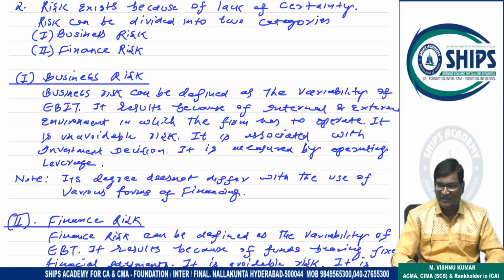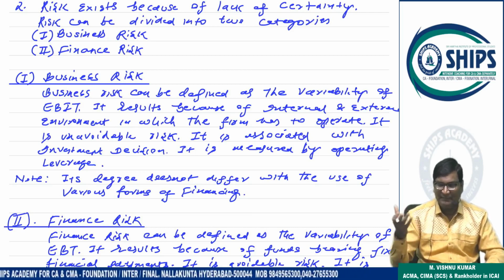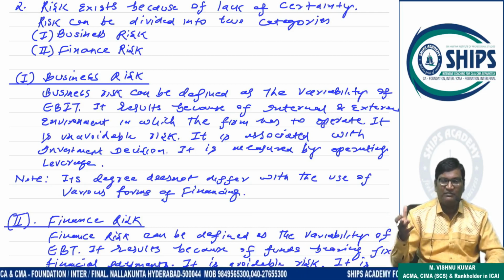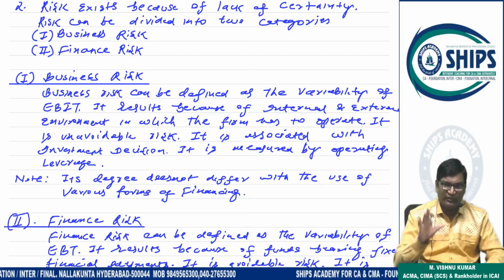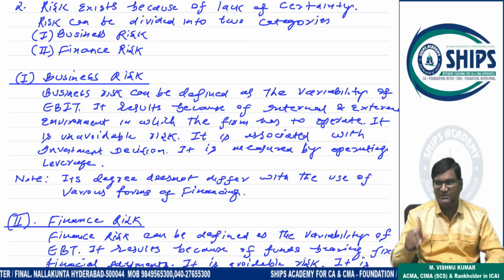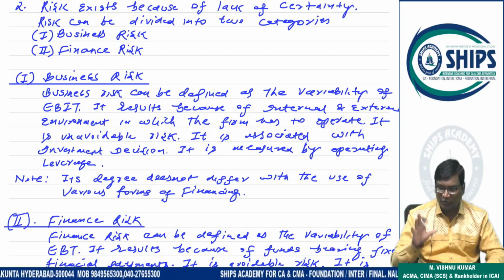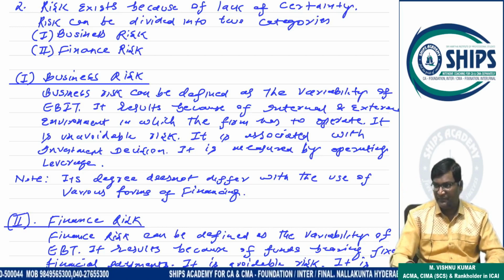Rent payment is monthly, staff salaries are monthly, administration expenses are monthly. So without fixed cost, we cannot operate the business. This is called unavoidable.